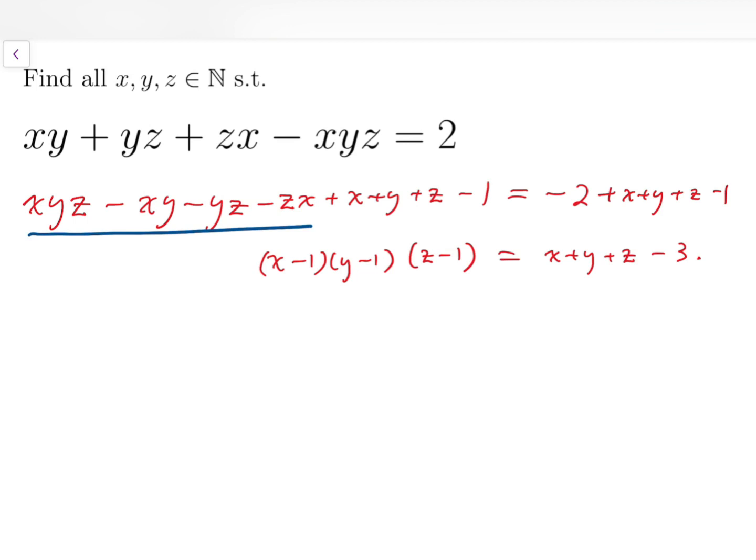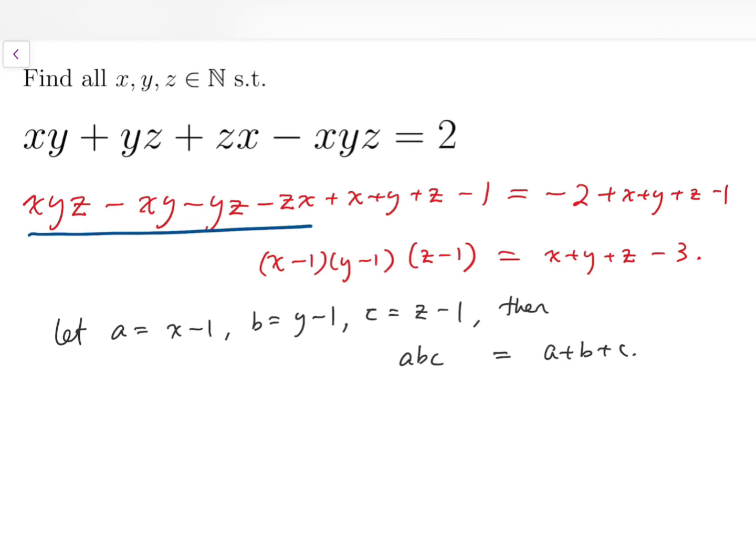And it so happens that if I let a equals x minus 1, b equals y minus 1, and c equals z minus 1, then this equation becomes the product of a, b, c equals the sum of a, b, c. Now this is interesting because this becomes a much simpler equation, and we're solving for integers.